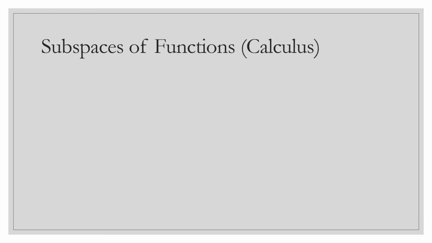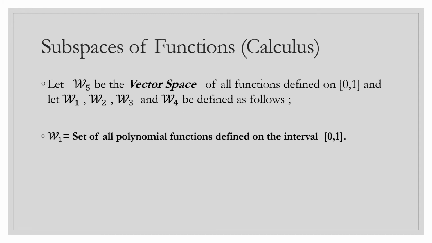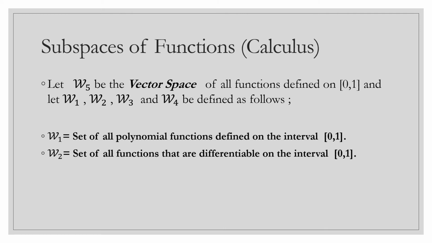Let's take another example, which is a subspace of functions using calculus. Let W5 be the vector space of all functions defined on the closed interval 0, 1. And let W1, W2, W3 and W4 be vector spaces defined as follows. W1 is the set of all polynomial functions defined on the interval 0, 1. W2 is the set of functions that are differentiable in the interval 0, 1.